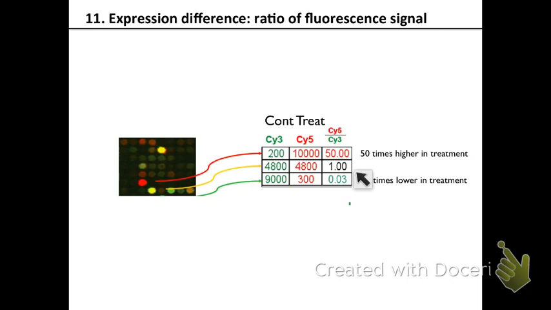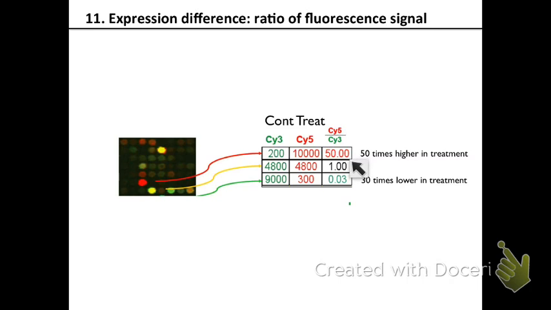One thing that you will notice is that when you take a ratio of fluorescence between two samples, if your ratio is high, you're going to have a bigger range, right? The range between 1 and 50 is larger.